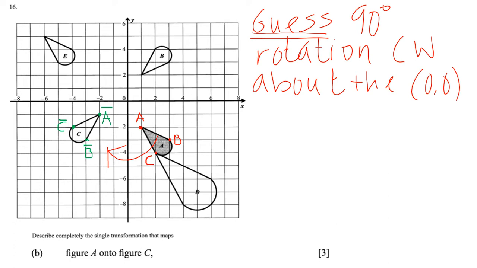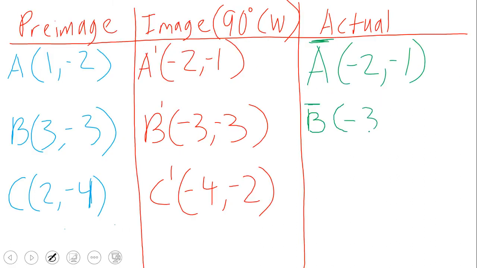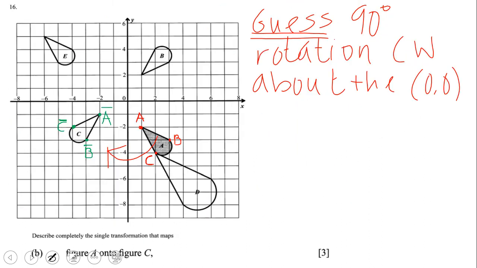All right. So let's do B bar. B bar is going to be -3 and -3. And then C bar is going to be -4 and -2.